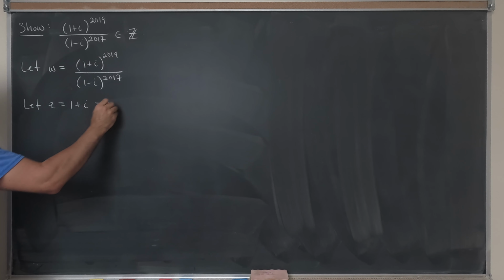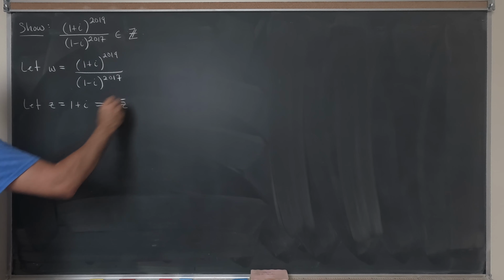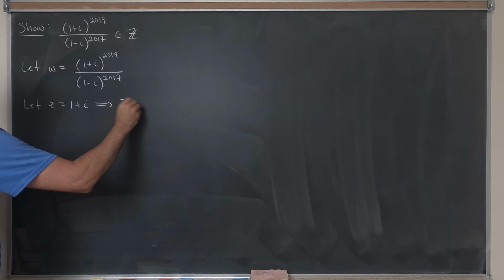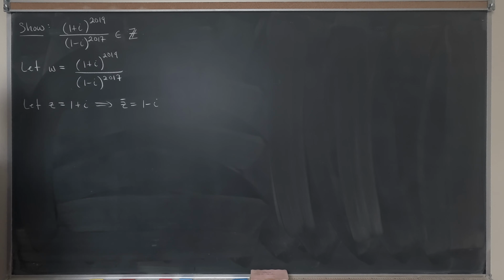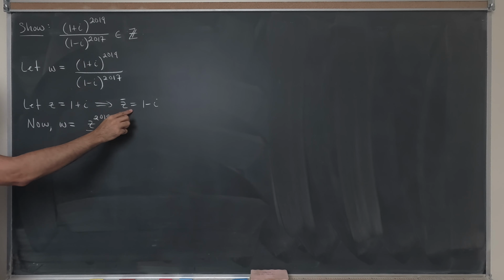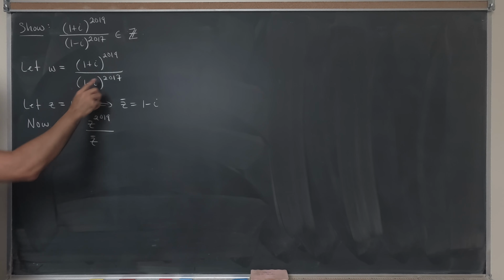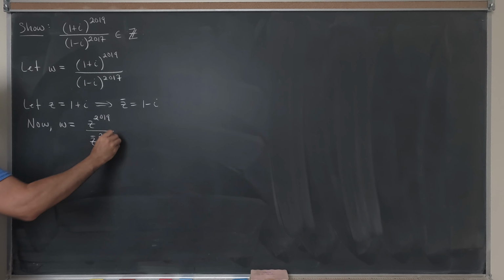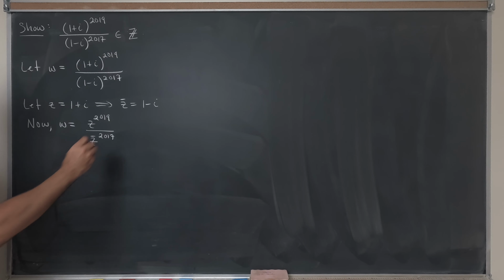But if that's the case, that means that its complex conjugate is just 1 minus i. So now our number w can be written as z to the power of 2019 divided by z bar to the power of 2017.